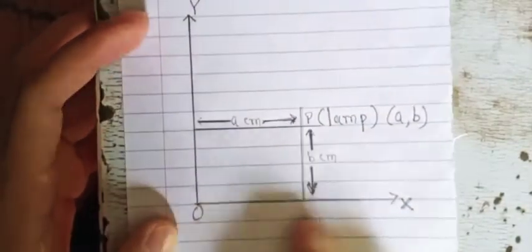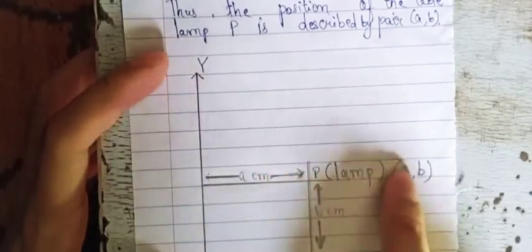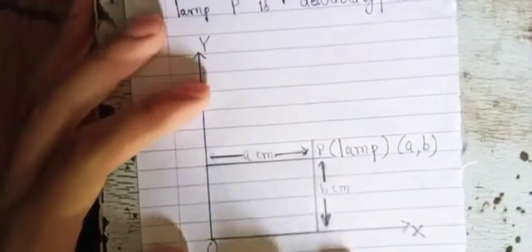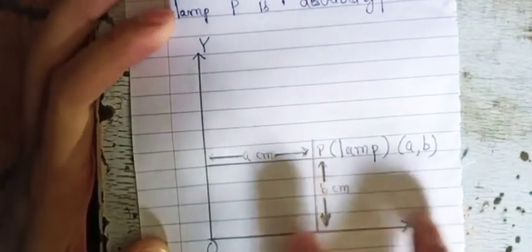Let us look at the diagram in the Cartesian plane we have made. Look here. Two axes are there, OX and OY, and point P is there. That means the table lamp is kept here. Now measure the perpendicular distance b centimeter of P from OX. What we are going to do is draw perpendiculars from point P on the axes OX and OY respectively, as I have explained in the Cartesian plane.